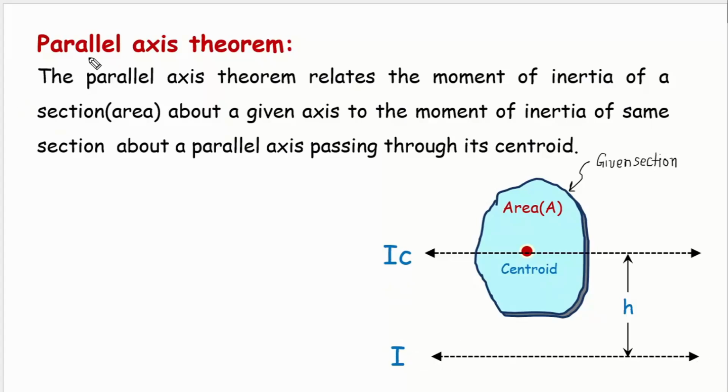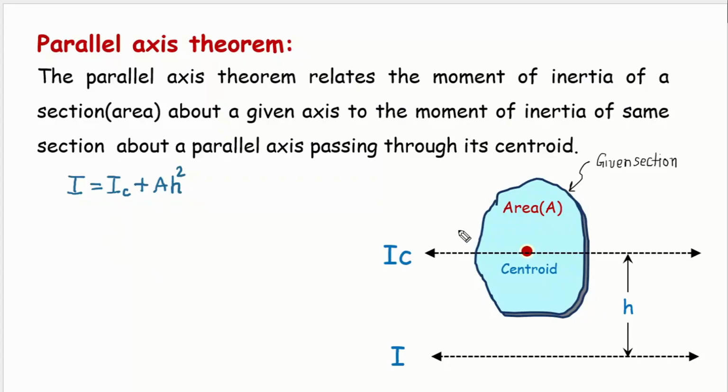Okay. So according to the parallel axis theorem, the moment of inertia of this section about this axis, that is I, is equal to the sum of the moment of inertia of the same section about the parallel axis passing through the centroid and the area of the section times the square of the perpendicular distance between them. So I equals IC plus A h square.